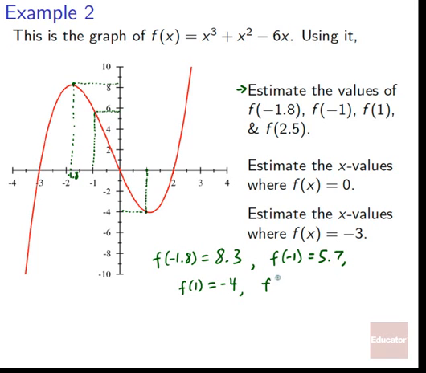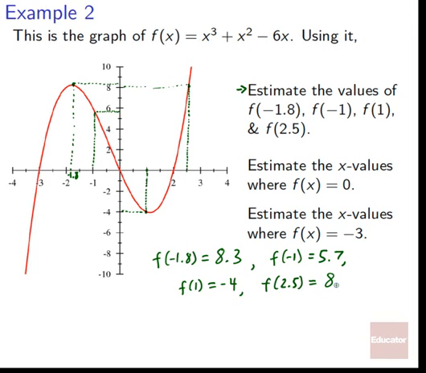F of 2.5, plug in 2.5, we go up. Pretty high. That looks like it was a pretty good vertical. Oh, hey, and look, I'd say that looks like it's pretty darn close to being right on 8, so we'll say that is 8. Great.